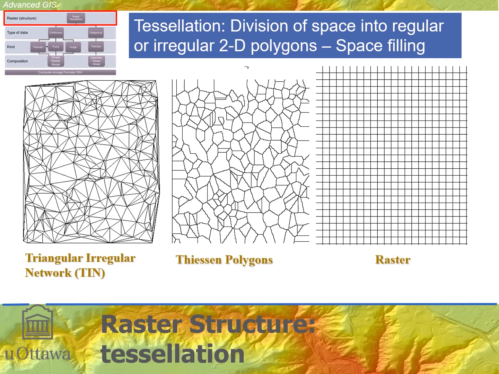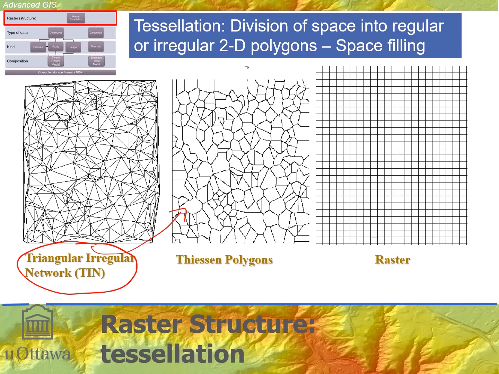We can divide them up into things like this, a TIN or triangular irregular network, where we use triangles to divide up space. And some triangles are bigger than others. Or we could try making all the triangles around the same size. Or irregular polygons.